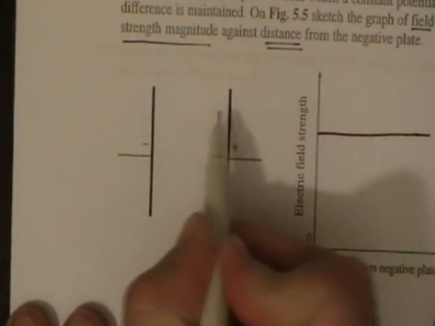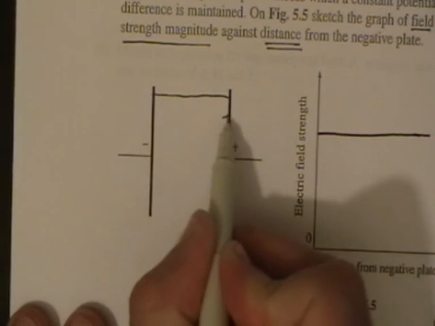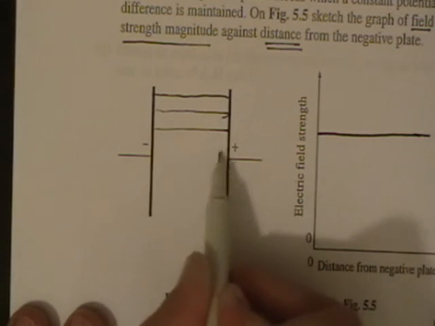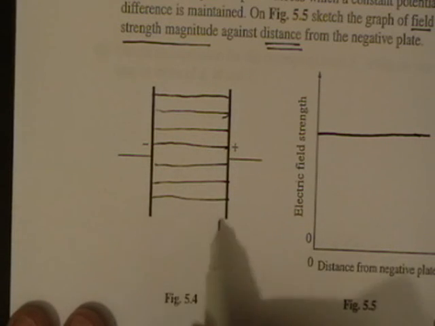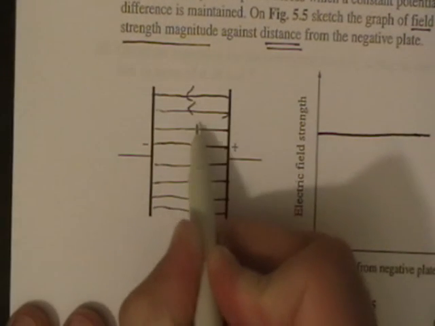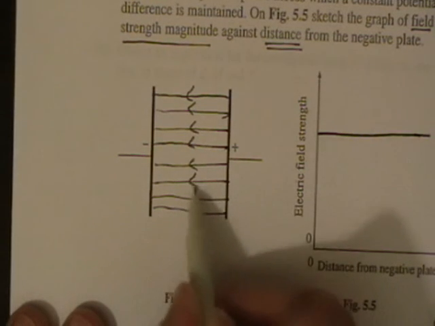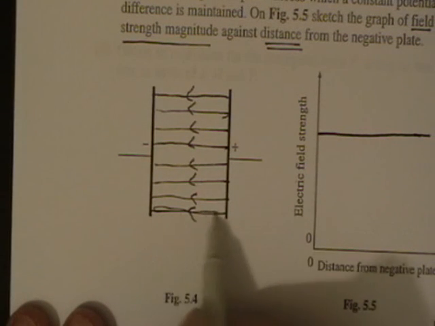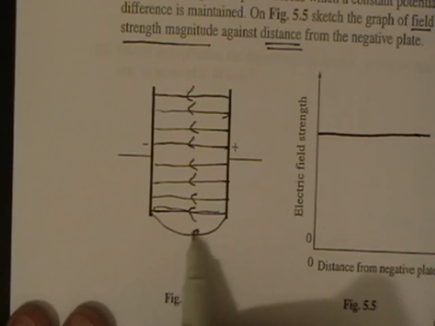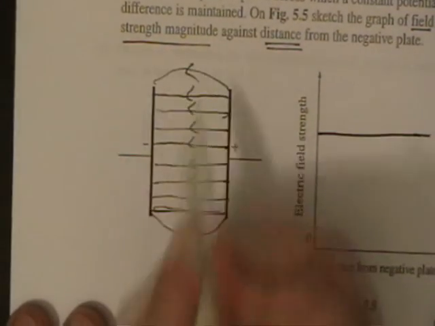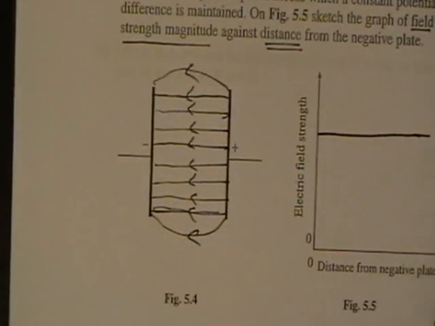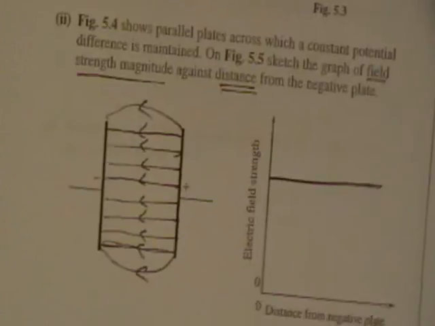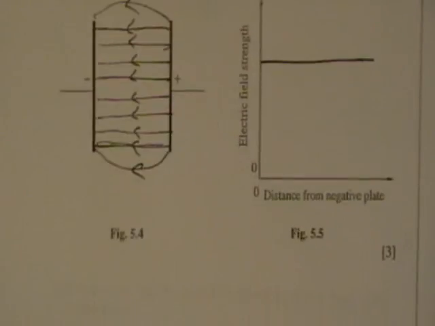Here, across from there, we've got a series of equally spaced parallel, straight lines, which is why you should use a ruler, and around the edges it bends a wee bit, but the uniform field in here gives us a field strength which looks like that. And that's the end of that question.